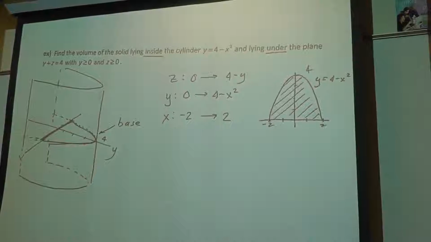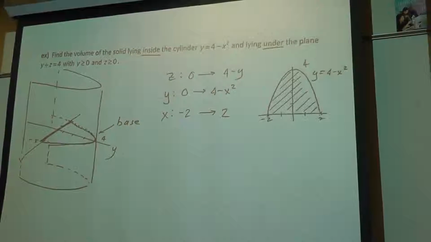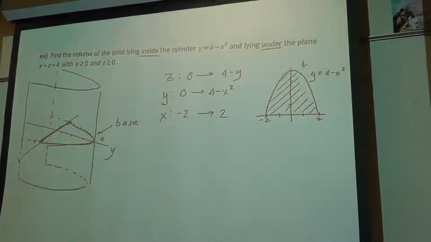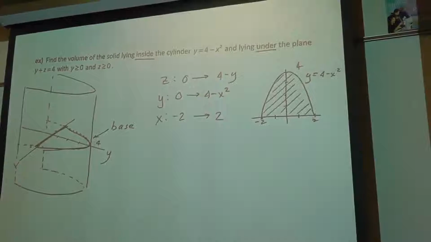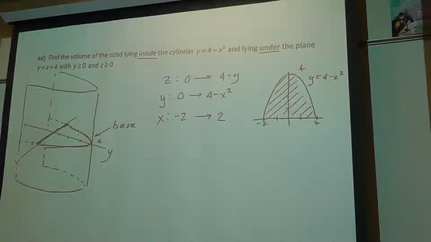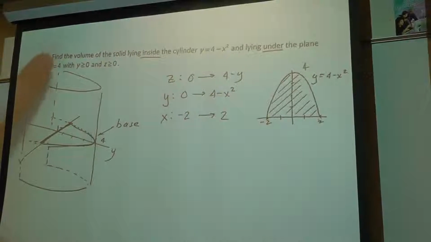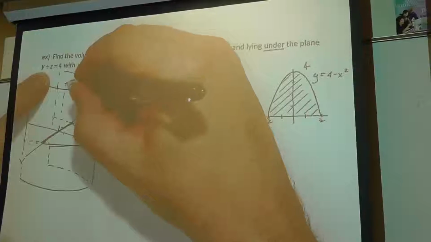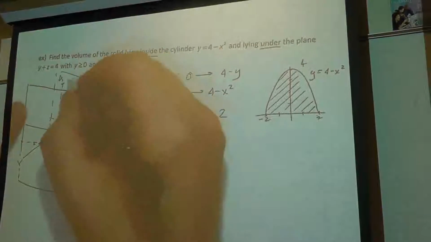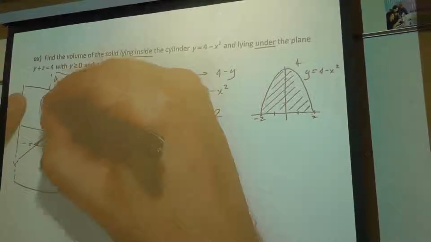The only other thing you need to let you know you're in the first octant is either the words first octant or x greater than or equal to 0. If your description involves x, y, and z being positive, you're focusing only on the first octant chunk. So if I overlap all this together, the z-axis is going vertically from here. This plane has a z-intercept of 4, and it would meet this base, making a shape that looks something like this.